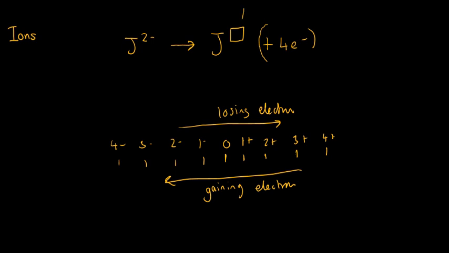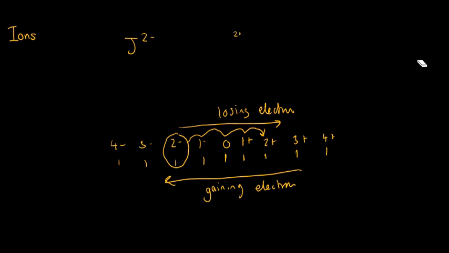What is going to go in here? So I start at J 2 minus, and I've lost 4 electrons. I know it's confusing that there's a plus sign there, but we've been through the idea of that is now not a part of that ion, but in addition to somewhere else. So I'm going to travel 4 steps. 1, 2, 3, 4. So therefore, I'm now going to be J 2+.